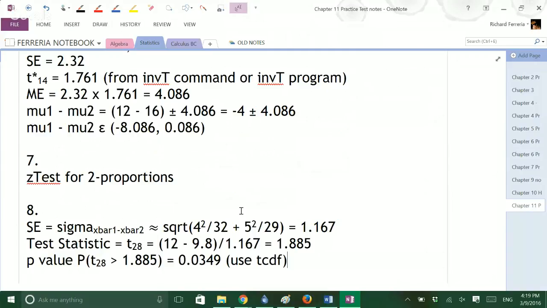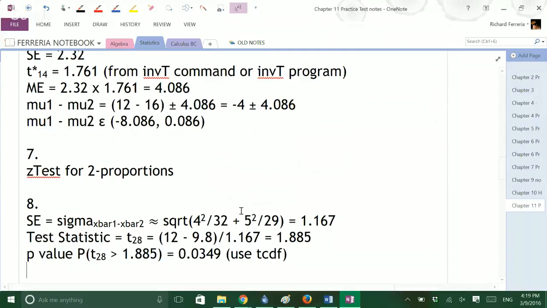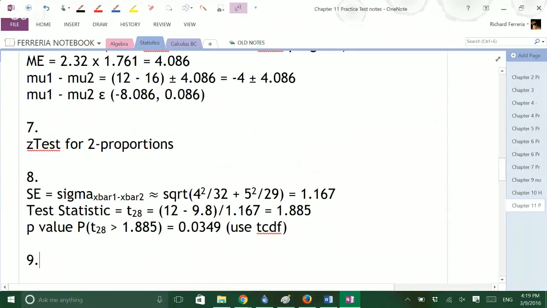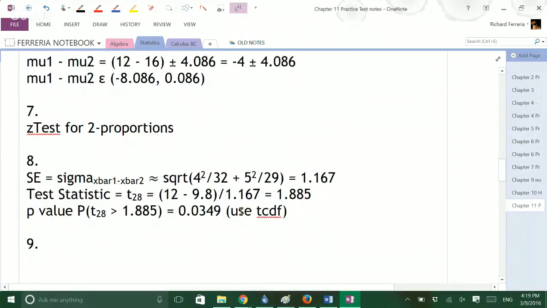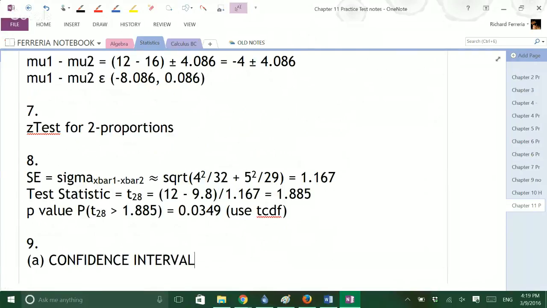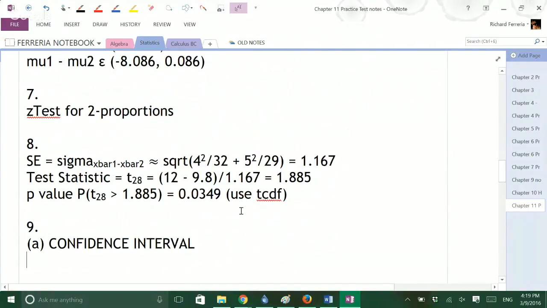Number 9. So the first sample is 13 out of 20, and the second sample is 15 out of 19. So let's find the standard error for a confidence interval. For a confidence interval, you do not use PC.